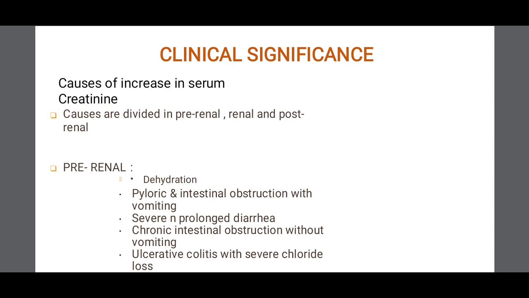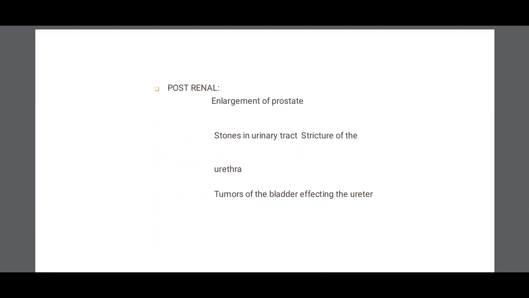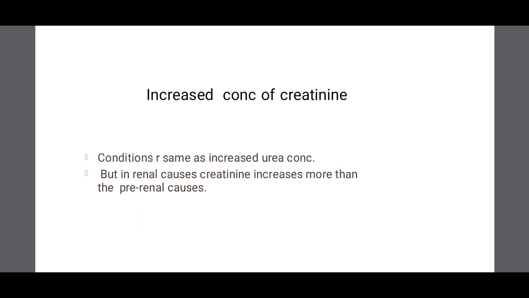Pre-renal causes include dehydration and pyloric intestinal obstruction with vomiting, which also increase urea. Under renal causes we see acute glomerulonephritis, malignant hypertension, chronic pyelonephritis, congenital cystic kidney, hyperthyroidism and hypervitaminosis D. Post-renal causes include enlargement of the prostate and tumors of the bladder affecting the ureter. The conditions for increased creatinine concentration are the same as for increased urea concentration, but in renal causes creatinine increases more than in pre-renal causes.